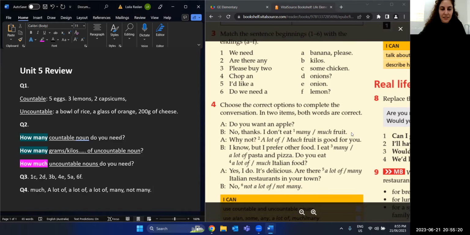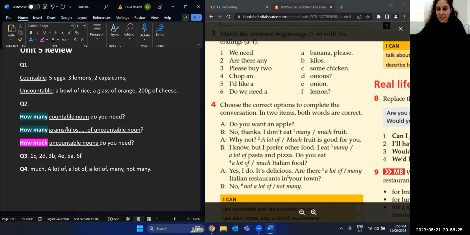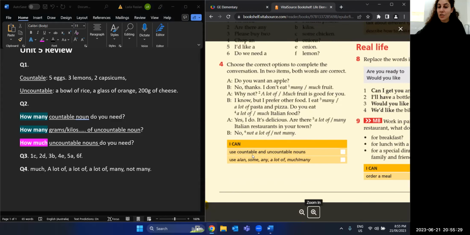Okay, so I know that one is a little bit difficult, but we'll practice it on Friday before our test. So we can use countable and uncountable nouns, yeah? So we can tick that. We can use a or an. Remember, that's for singular. It's an apple, it's a banana, it's an orange. Only one.